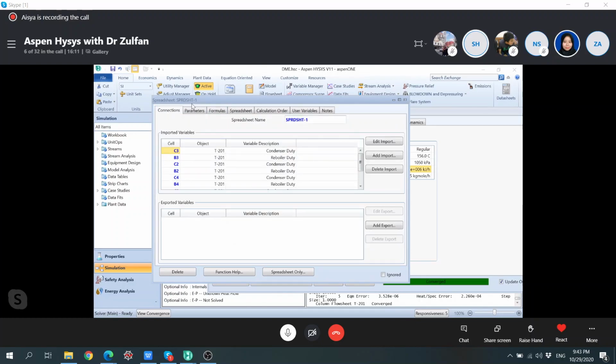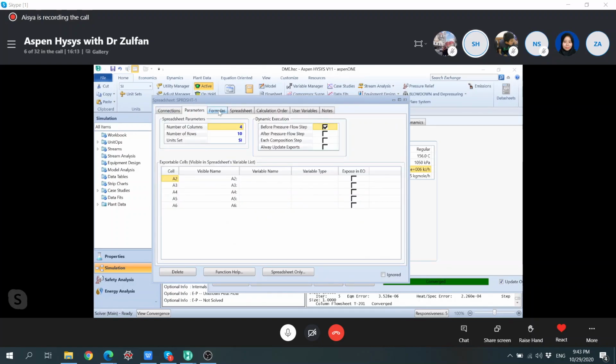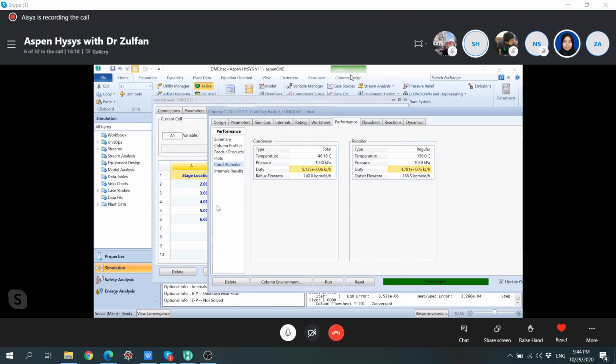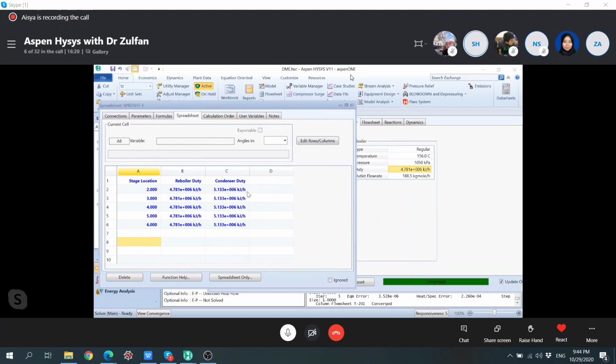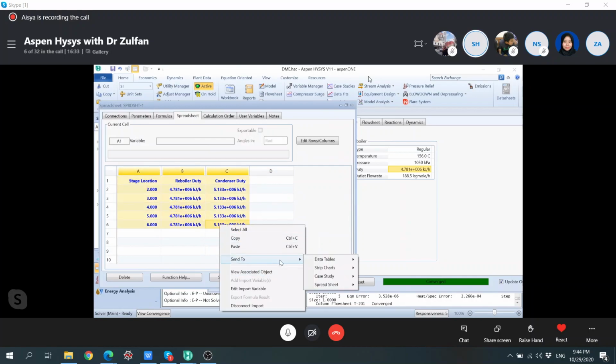No, it's not connected. It's just because you copy pasted. Because we copy pasted manually, it sees that C2 is that number, and then C3 and so forth. So it's just like the location. If you send to step chart, no case study, no step chart. What's in the step chart right now?